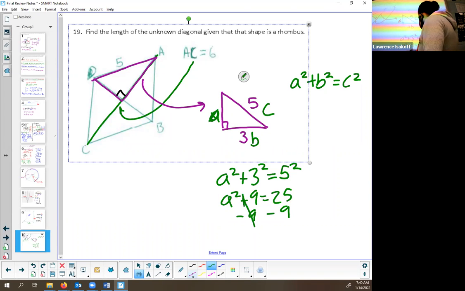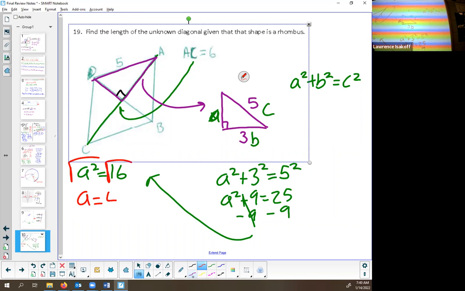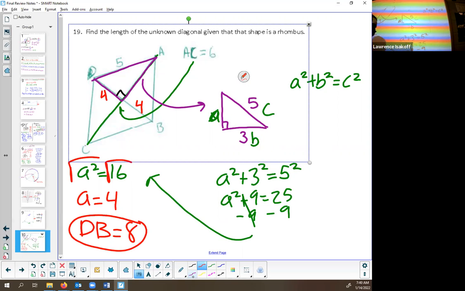Subtract 9, and my work's just going to come over here. We get a squared equals 16. Final step here, let's just take the square root of both sides. And we get a is 4. So that would mean this side's 4, along with this being 4. So I know D to B is equal to a length of 8.